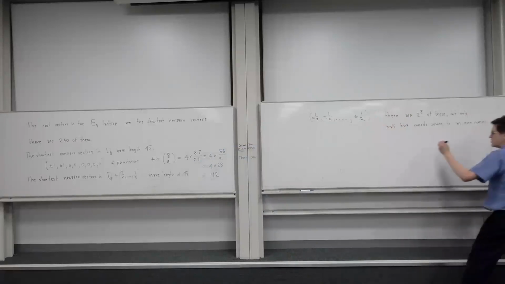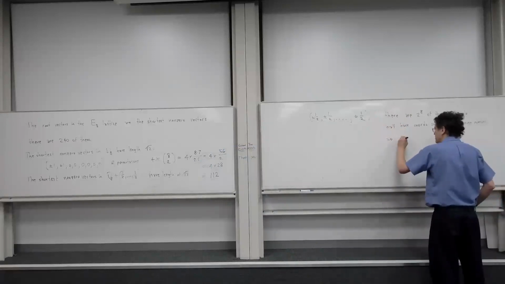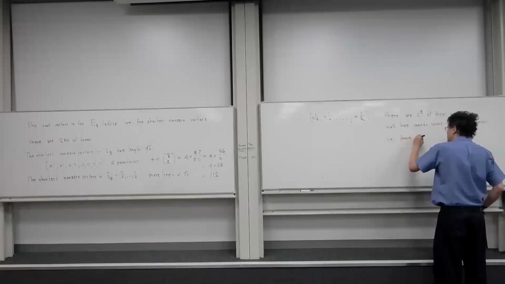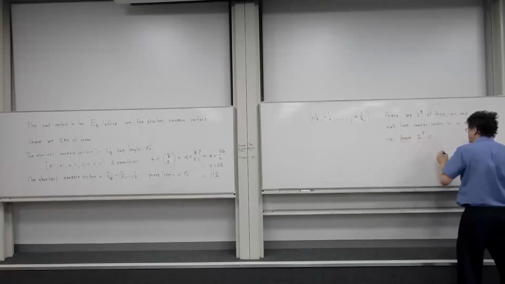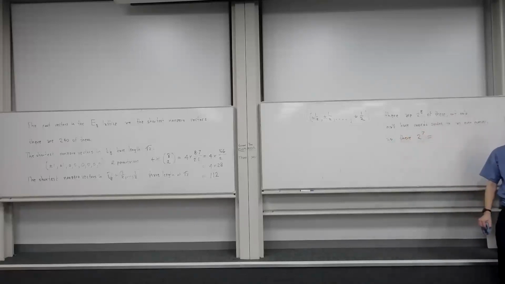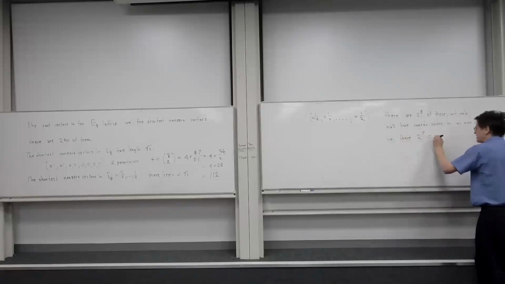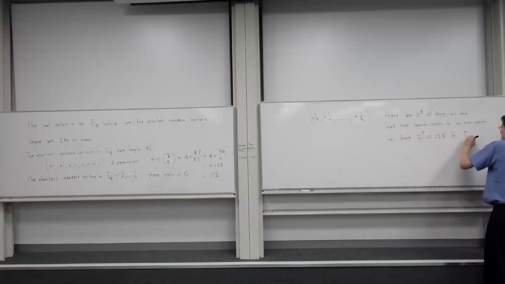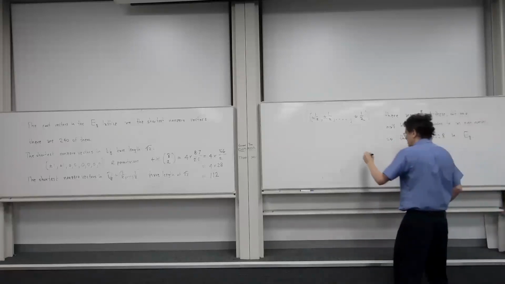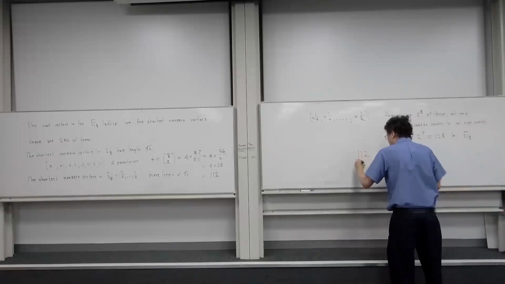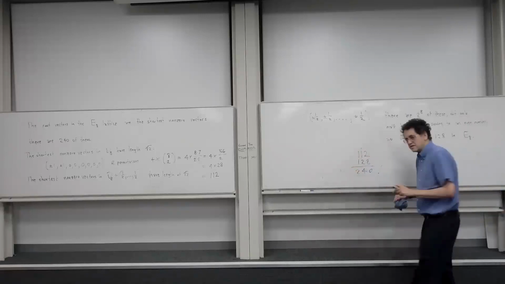We just get 2 to the 7th, which is 128. Yeah, they're only in the E8 lattice. So that's it. There are 112 in our original lattice and 128 in our translated lattice, and then you just need to know how to add. So it's 240.